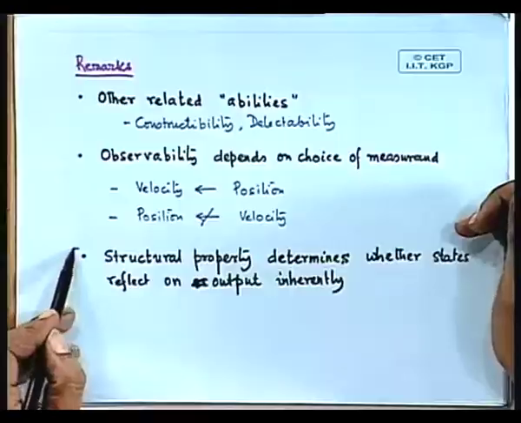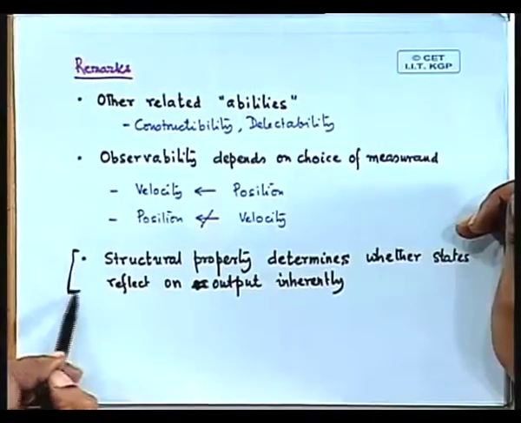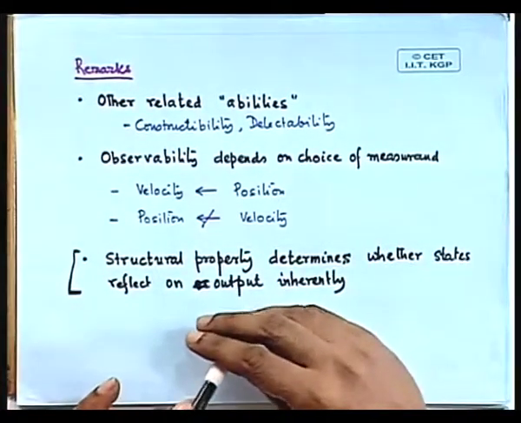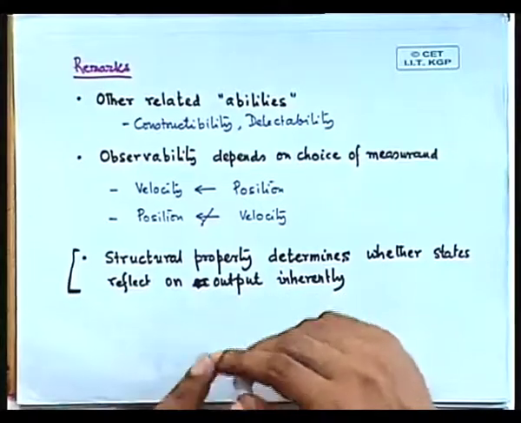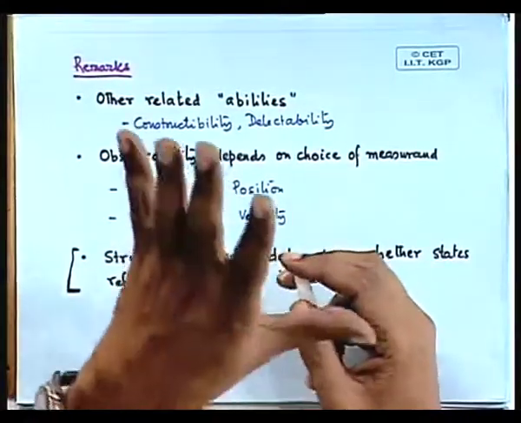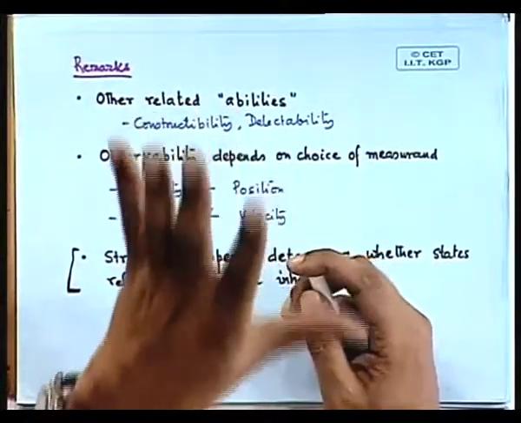So basically observability is more of theoretical interest. It tells you structurally whether the system is such that, when a system is not observable, because of the peculiarities of the A and C matrix, some of the state variables are not reflected in the output.